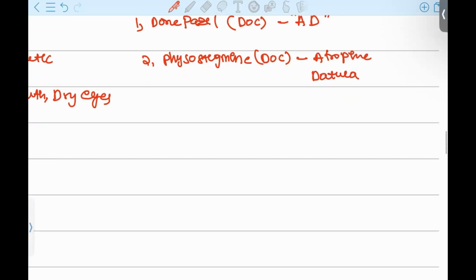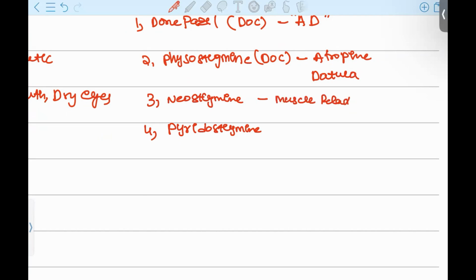The next one is neostigmine, and also pyridostigmine. You may already know neostigmine is used in anesthesia for patients who need relaxation, as a muscle relaxant, and also for cobra bites. Pyridostigmine is the drug of choice for myasthenia gravis patients.